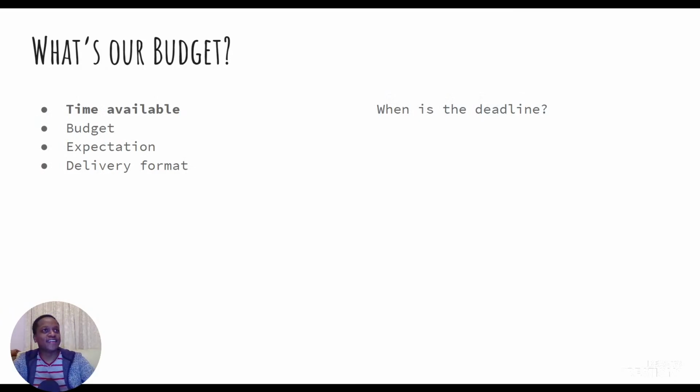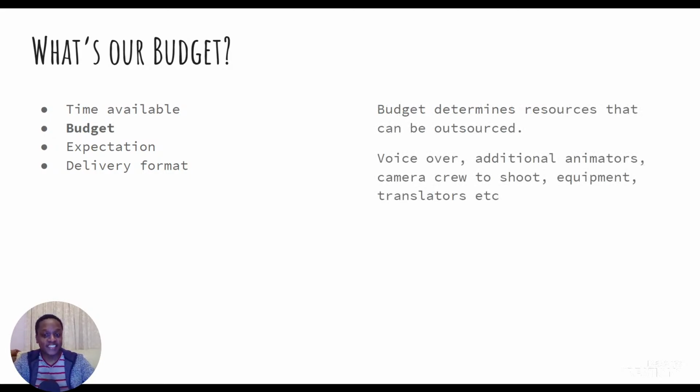So time available. When is the deadline? That's mainly when does this project need to be completed, and when is it going to be done? We have the budget. Budget is mainly going to determine the resources that are available and whether you can even outsource them. So that's stuff like voiceover. Can you afford a professional, or is it just going to be me sitting here with my mic and doing it myself?